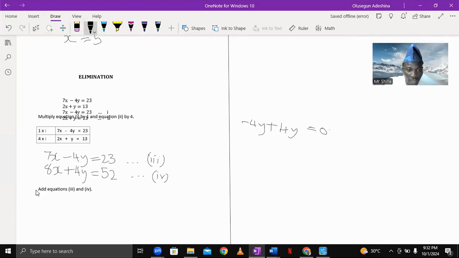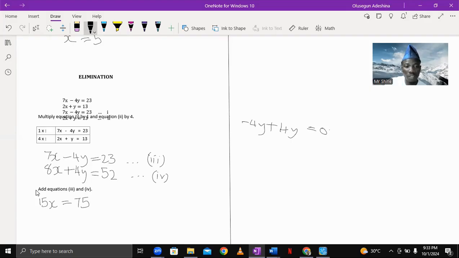Now 7x plus 8x gives us 15x. Minus 4y plus 4y, as we've done here, gives us 0. So we don't need to write the 0. 0 is no value at all. Now for the constants, 23 plus 52 gives us 75.